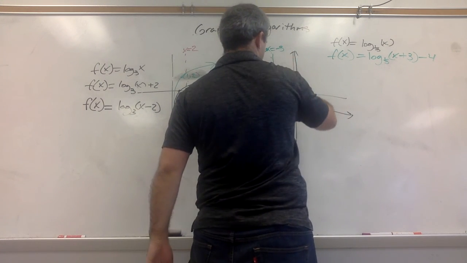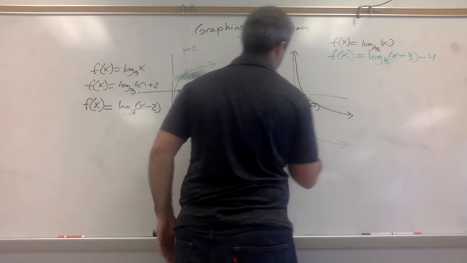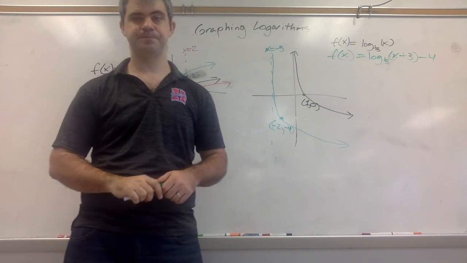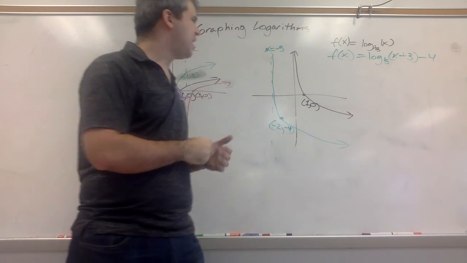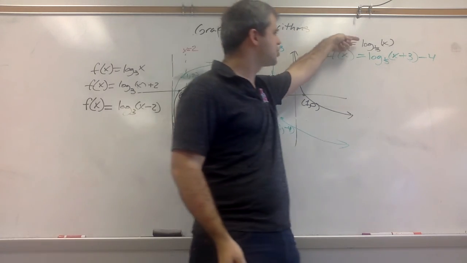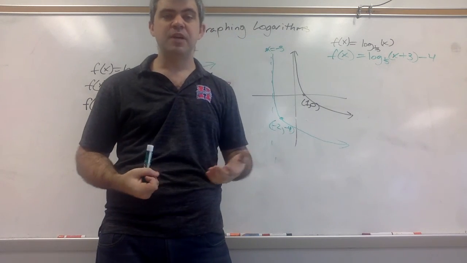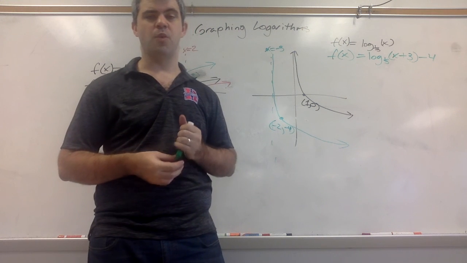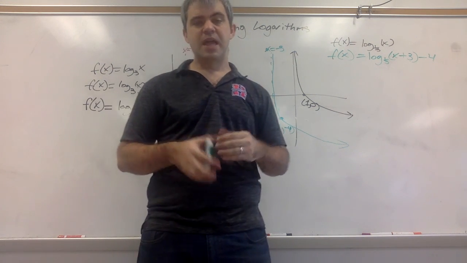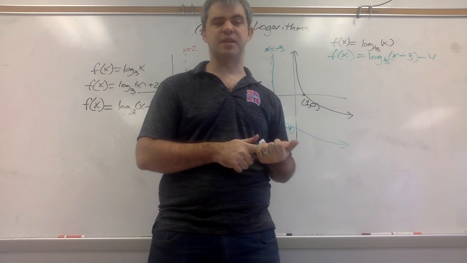So it's going to go like that. All right. So that's how we graph logarithms. I could show you other stuff. I can make negative. Negative is going to reflect over the y-axis. But everything else is basically going to stay the same.